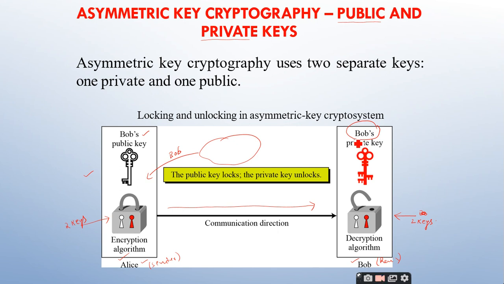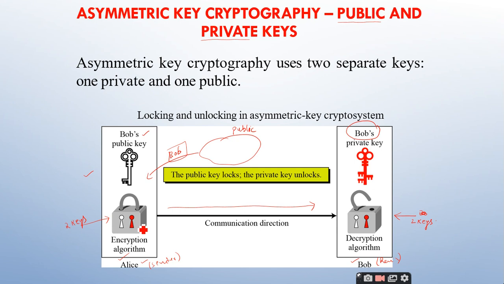Bob's public key is kept in the public ring. If any other party wants to send a message to Bob, in this case Alice, Alice will search this public ring, fetch the public key of Bob, and Bob's public key will be used for the encryption.